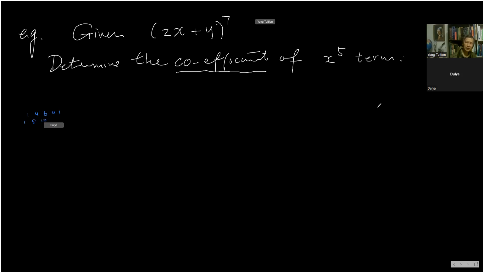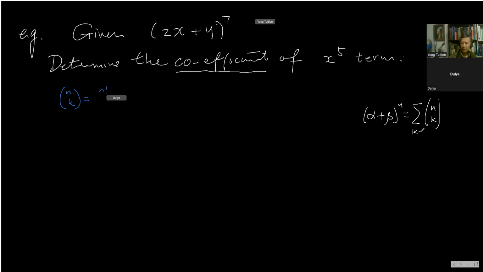Oh wait, I can just use the general formula, can't I? Do you remember that general formula? Okay, I write it down here. (alpha + beta)^n equals the sum over k from 0 to n of (n choose k) alpha^k beta^(n-k).